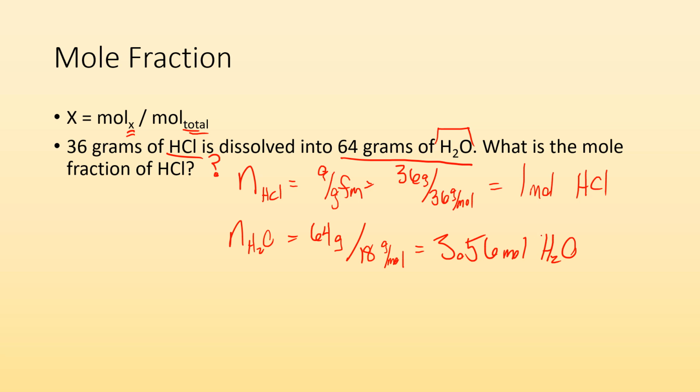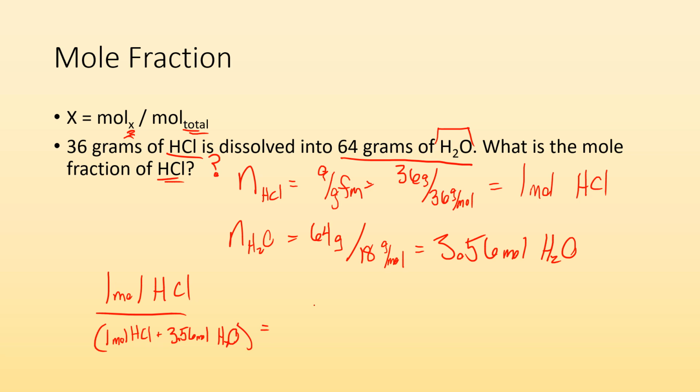of H2O. So if it wants to know what is the mole fraction of HCl, well, how many moles of HCl do we have? We have 1 mole of HCl divided by the total moles, which I have still that 1 mole of HCl, but also 3.56 moles of H2O.